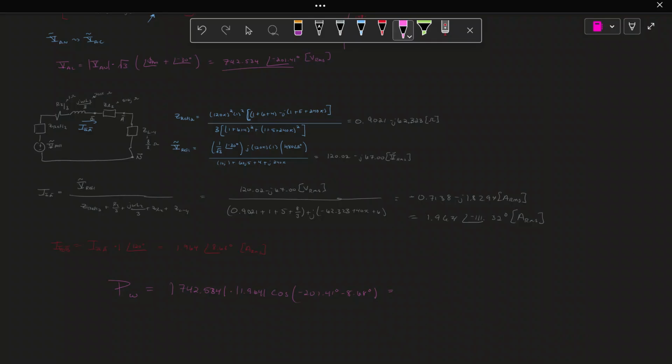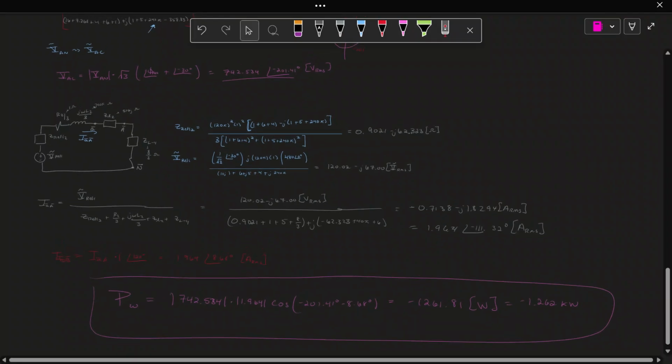So we have 742.534 times 1.964 times cosine of negative 201.41 minus 8.68. Yeah, a very large negative number. So we have negative 1261.81 watts, negative 1.262 kilowatts. All right, there we go.